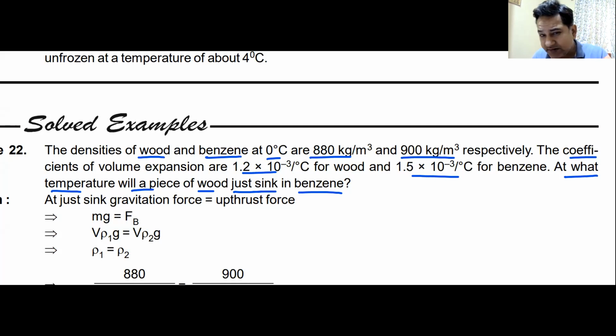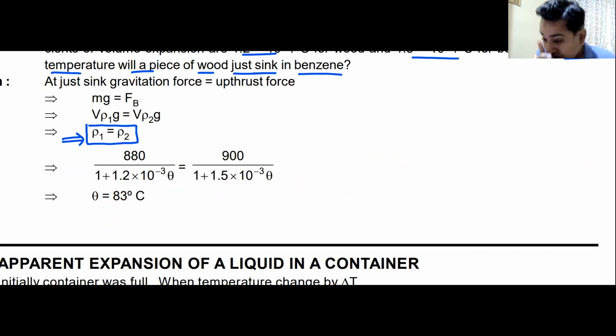When it just sinks or just floats, what is the condition? Rho 1 equal to rho 2. Their densities have to become equal. If their densities become equal, even a very slight change will cause it to sink. So the density of the liquid has to become equal to the density of the solid.